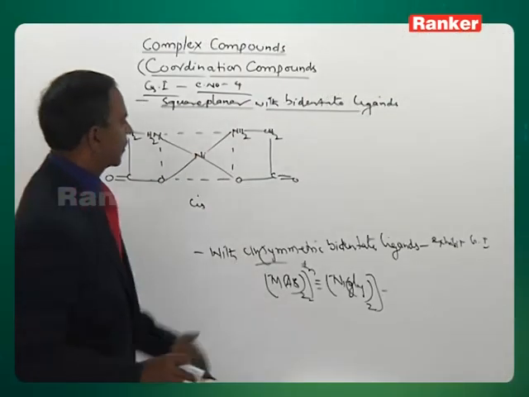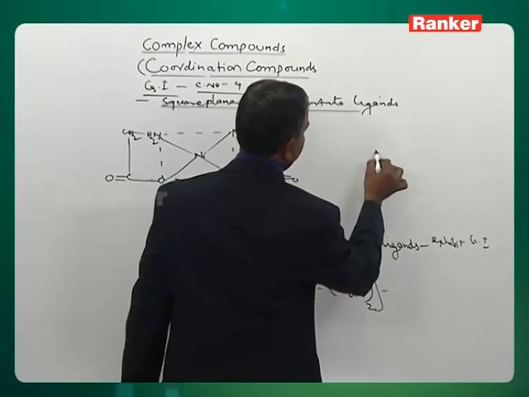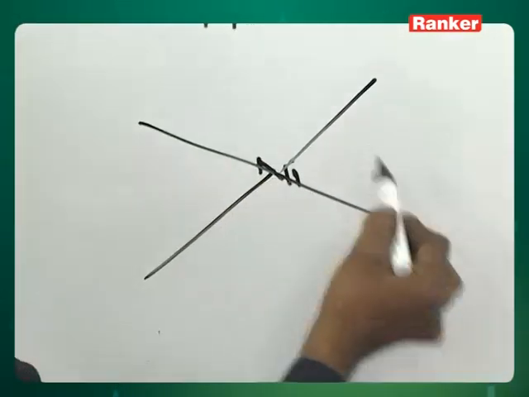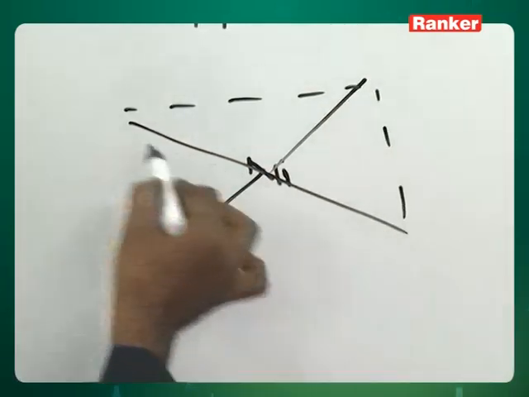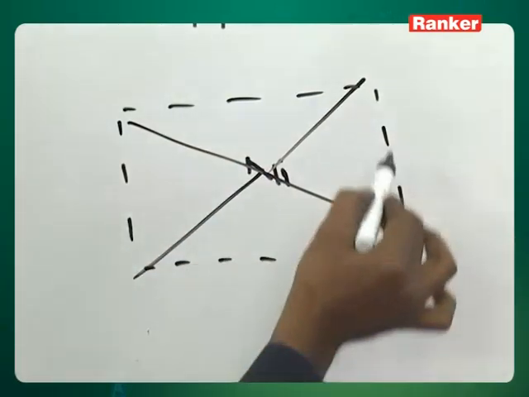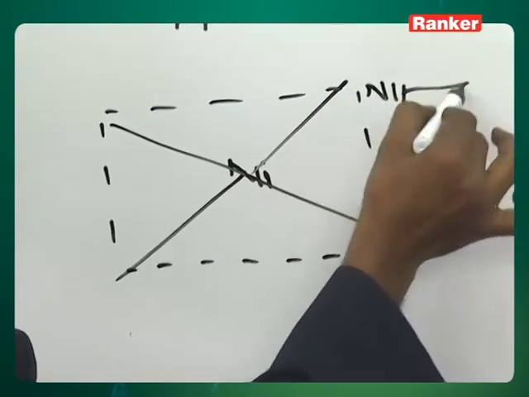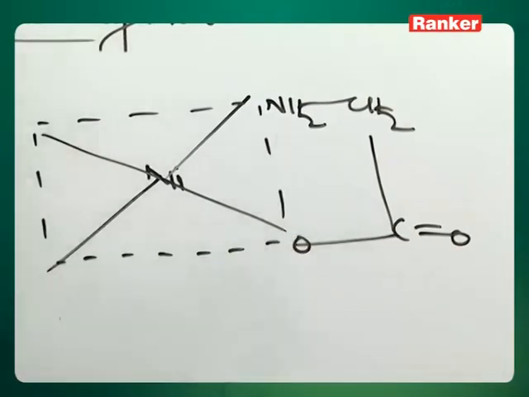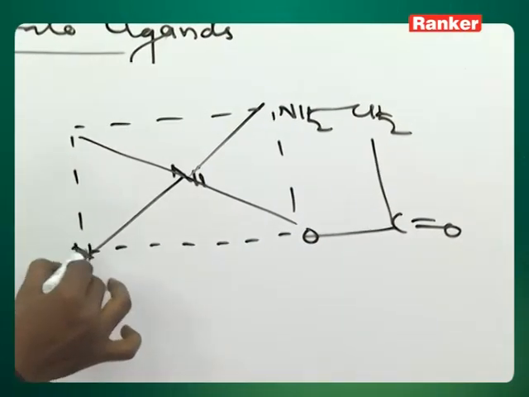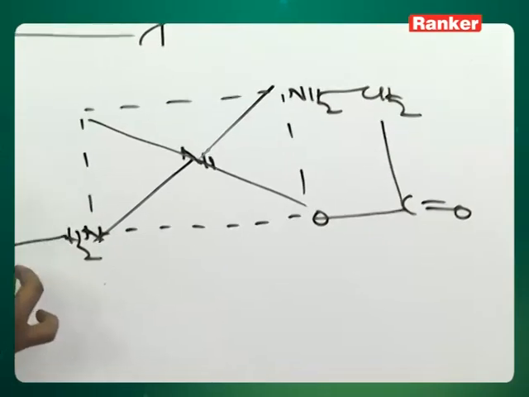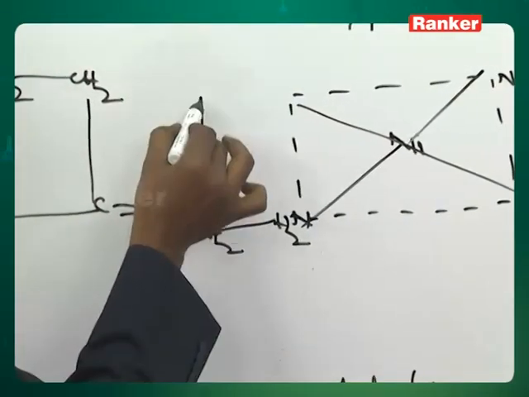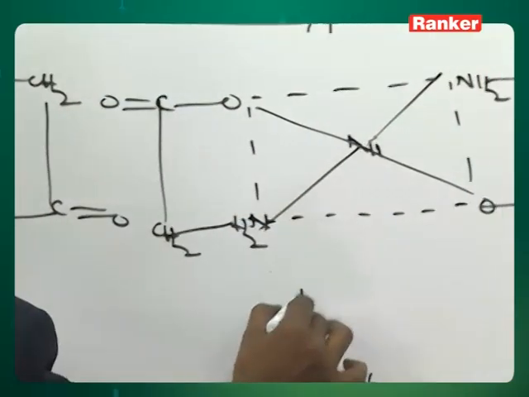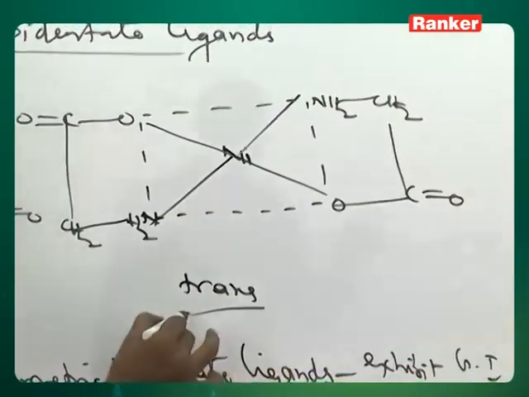Let us develop the trans complex again: CH2, C double bond O. Here I am writing the NH2 group in the trans position, CH2 double bond O. One is cis, one is trans.